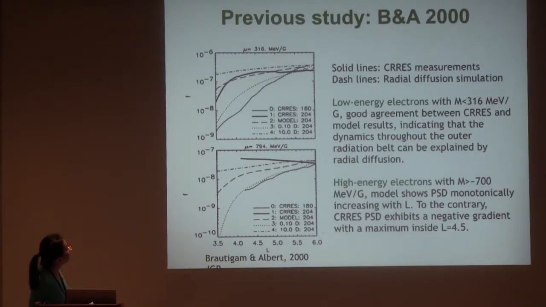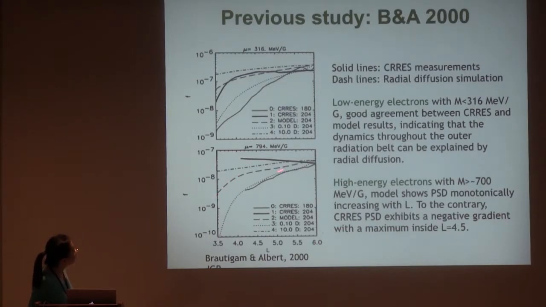The good agreement means that the dynamics throughout the outer radiation belt can be explained by radial diffusion. And the bottom panel shows mu of about 800 MeV per Gauss, and that's about 0.6 MeV at GEO.